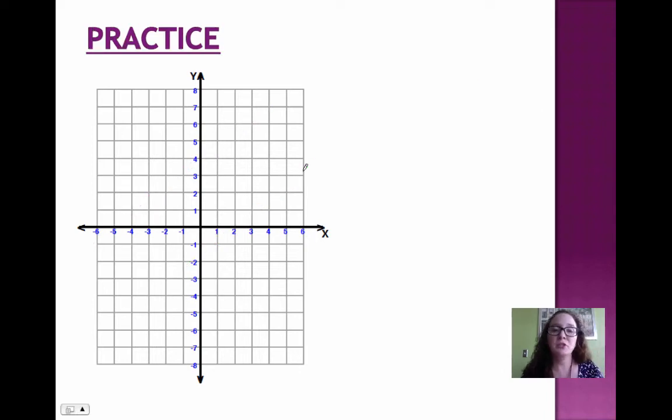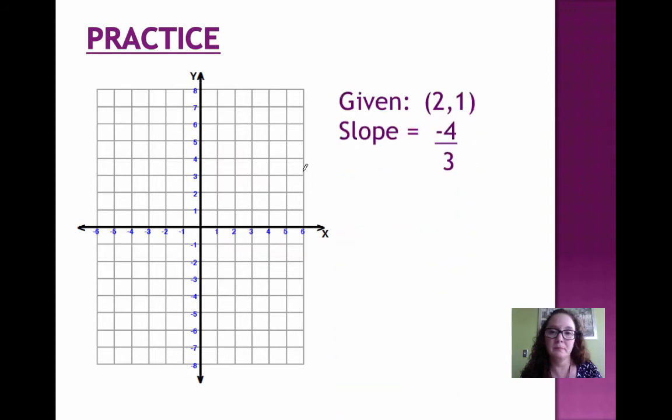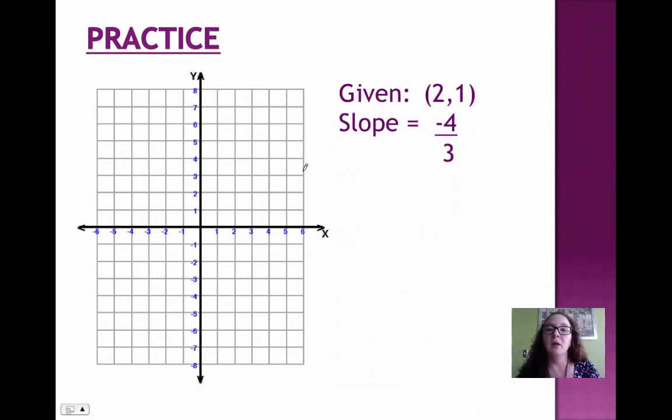Here's some more practice. What if you're given the point 2, 1? So let's go here, 1, 2, positive 1, and put our point in. And now we have a negative 4 over 3. So again, this is our vertical, this is our horizontal. We need to go negative 4.